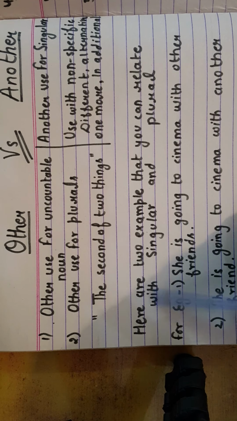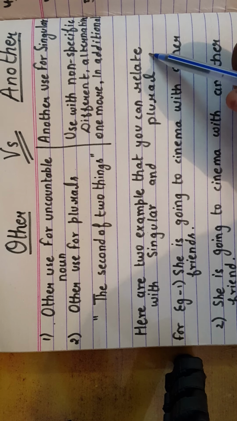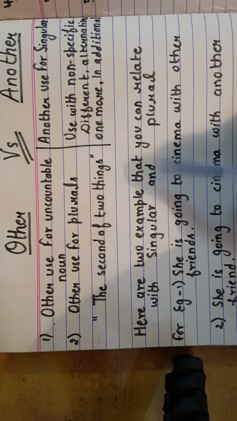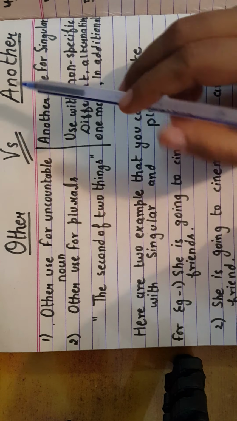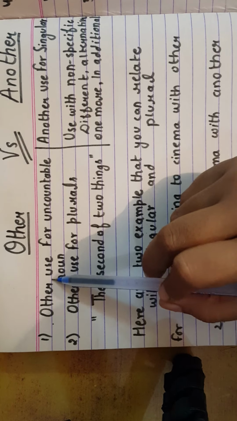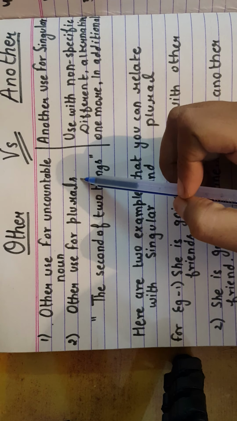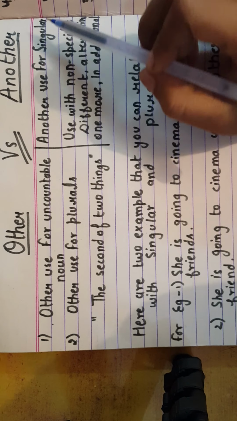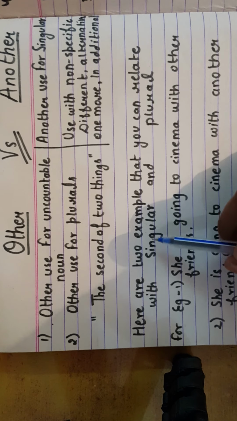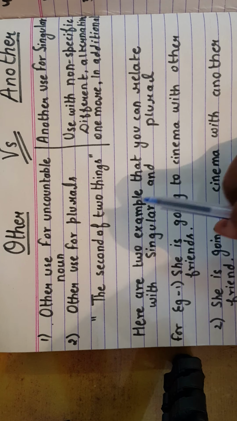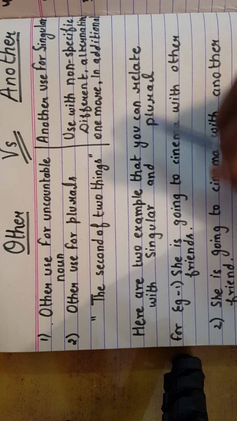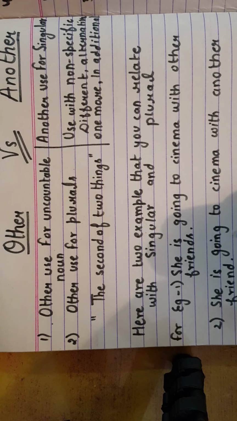So let's understand. Here are two examples that you can relate with singular and plural. Other, as I told you, is used with plurals, and another is used with singular. So here I have two examples of how to use other or another.